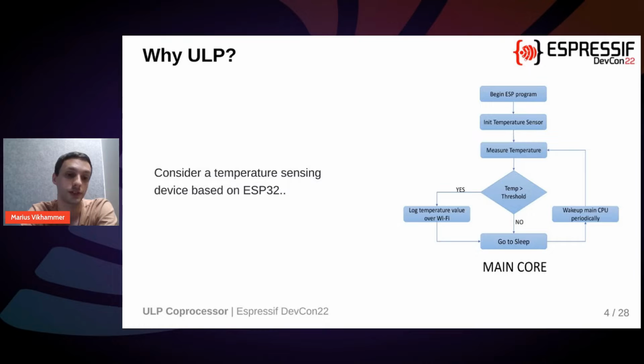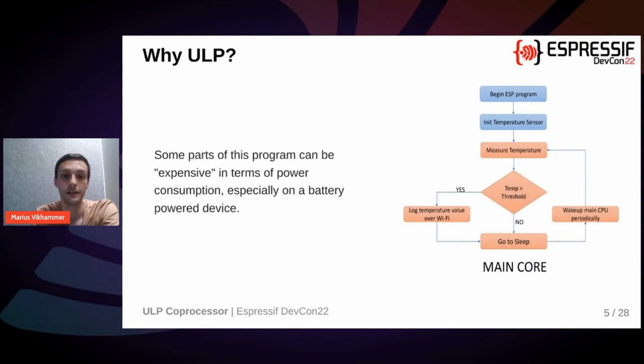If not over the threshold, you go back to sleep again. And you just keep looping around here until your measurement is above the threshold and you take an action. But if you really want to save power here, then some parts of this are pretty expensive. Waking up the main CPU and rebooting everything takes a while and takes a lot of power. And if you're running off a battery, this is not ideal.